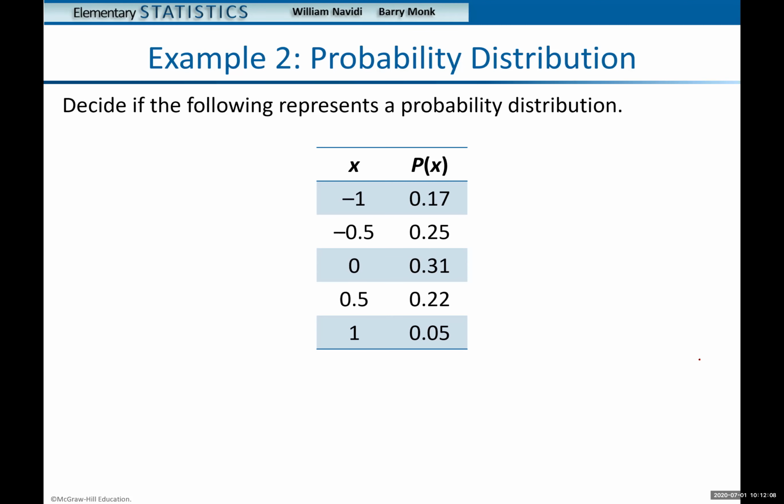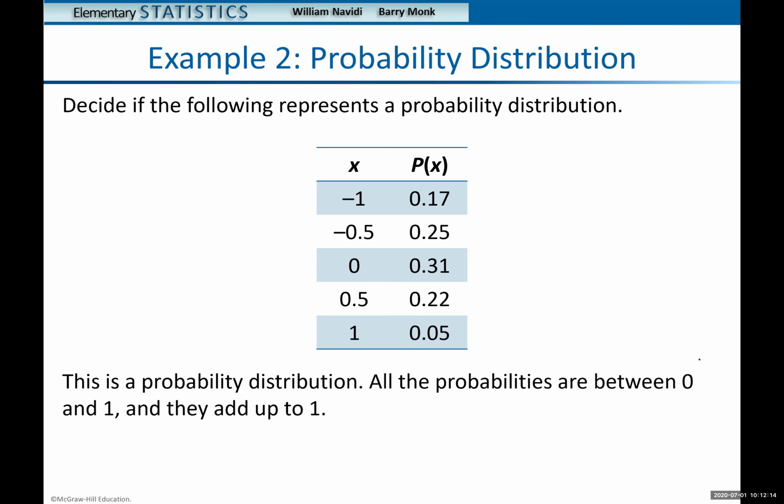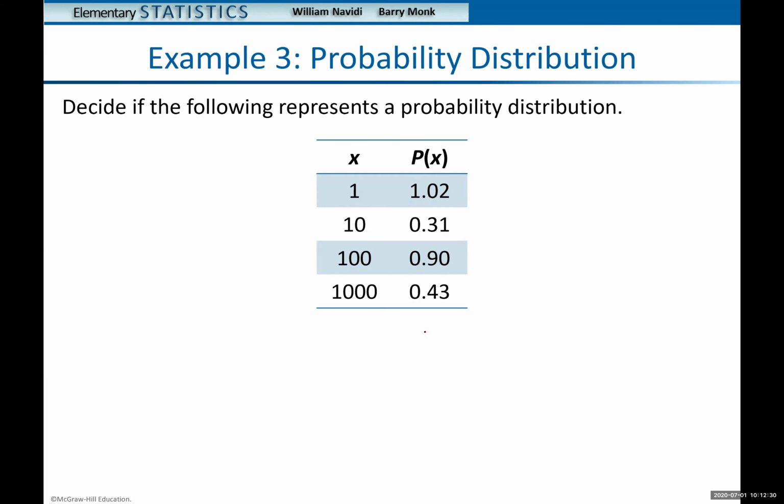Is this a probability distribution? This is a probability distribution. So look at all these probabilities. Those are between 0 and 1. And when you add all these numbers, it is equal to 1. Well, this one.